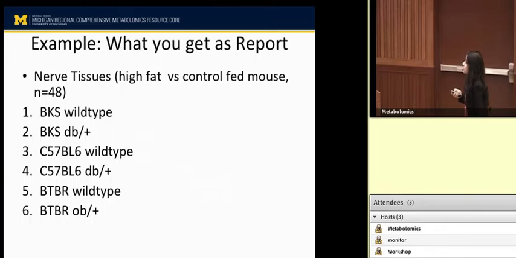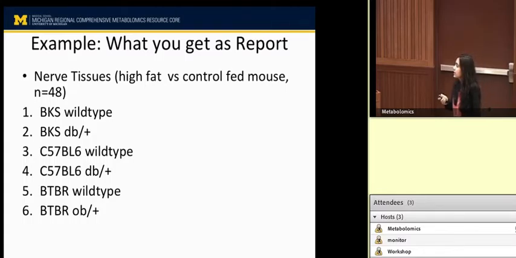Okay, this second example I want to show as an example for the report, that once you submit the samples, what kind of report you can expect from the core. So we got these nerve tissues, 48, for this mouse model.